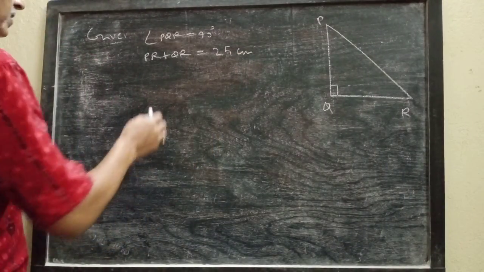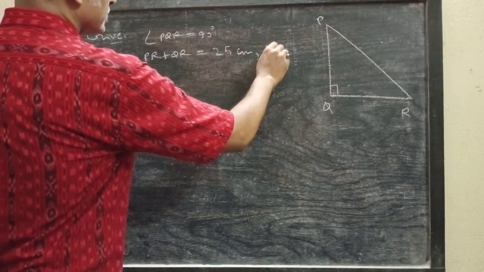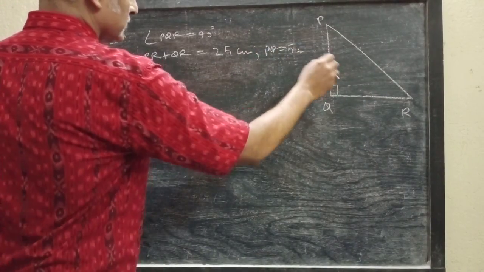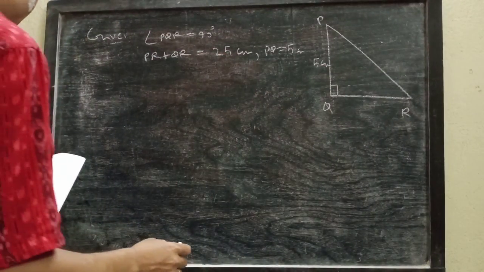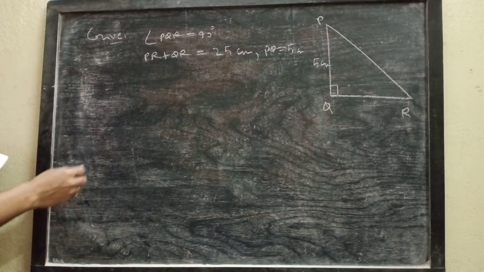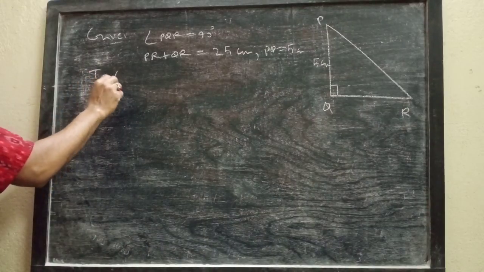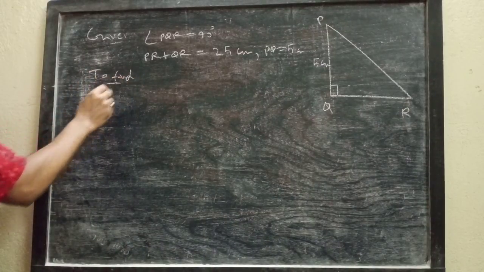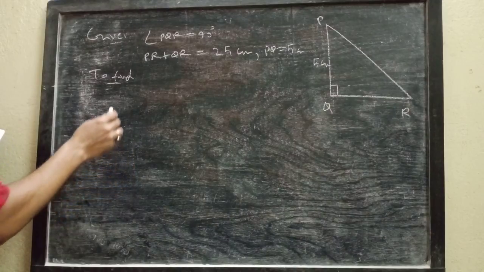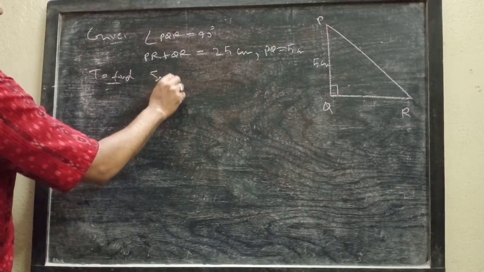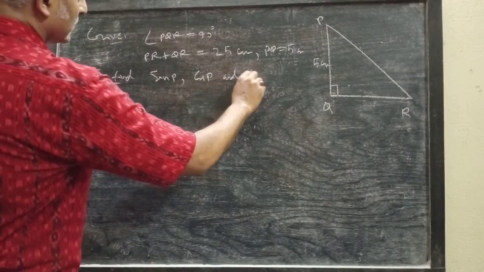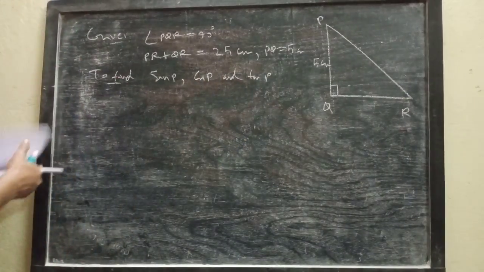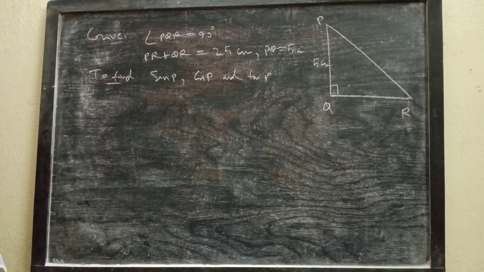And the length of PQ is 5 centimeter. To find sin P, cos P and tan P. These three ratios you are asked to find.